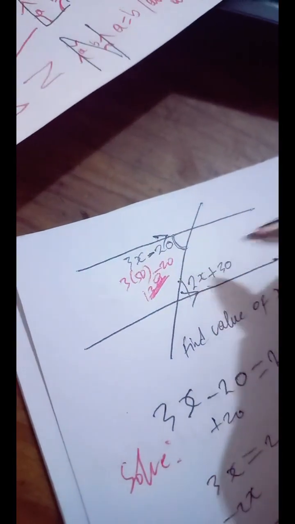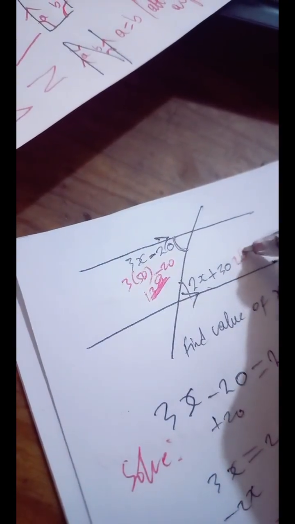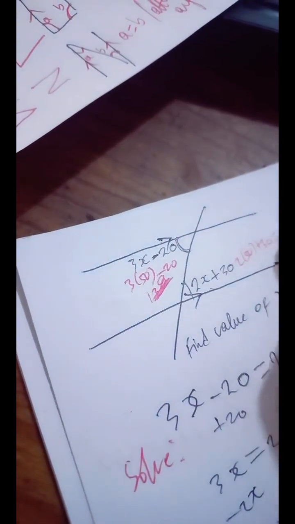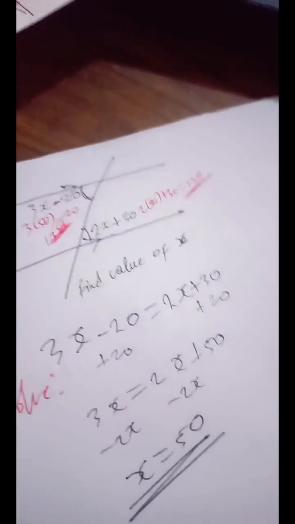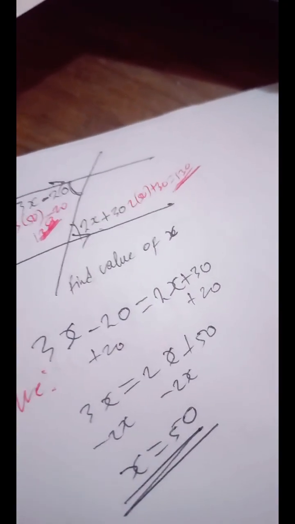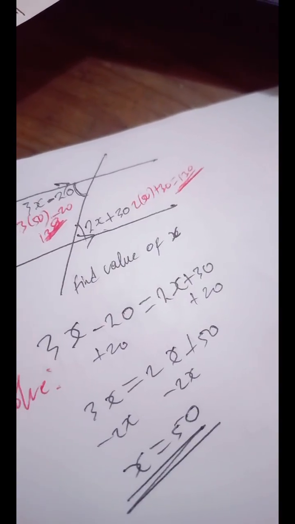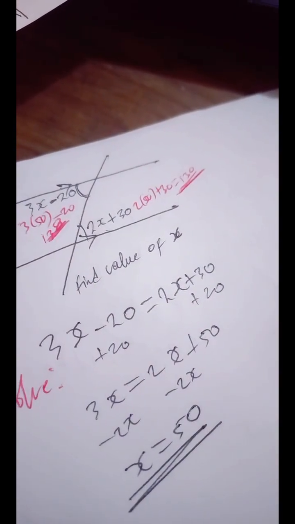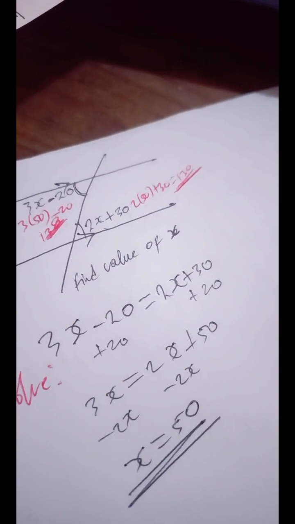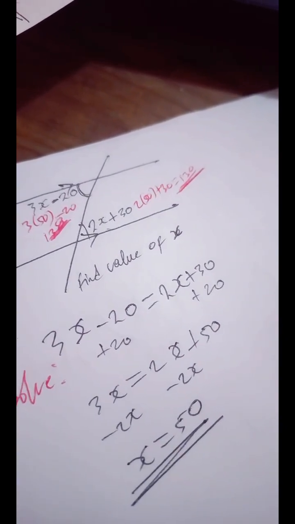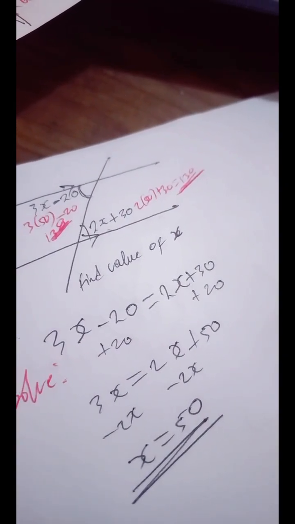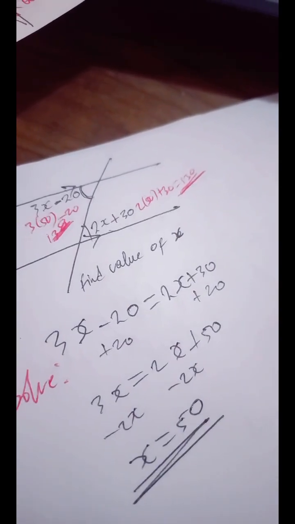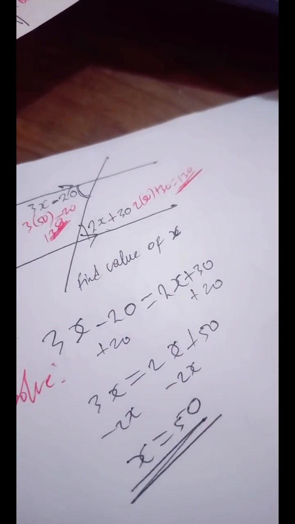And 2x plus 30 means 2 bracket 50 plus 30, which is 130. I hope we are together here.